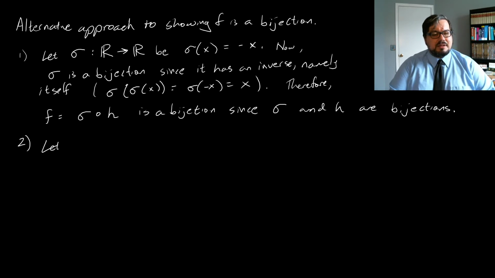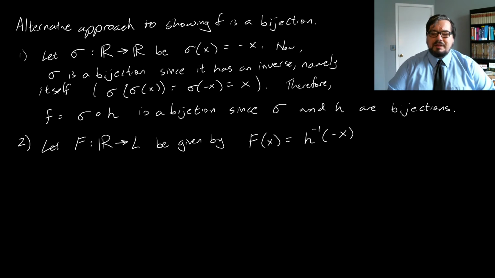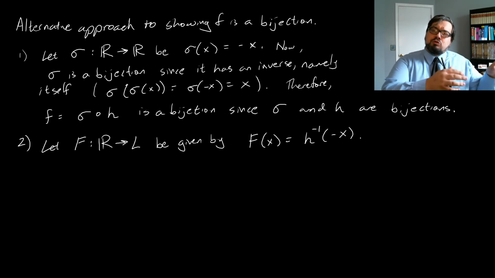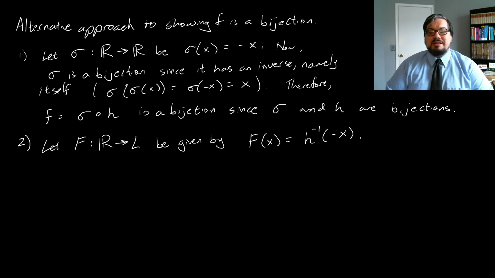So I'll make capital F go from the real numbers to L, be given by capital F of X is equal to H inverse of negative X. Now I know H inverse exists because, again, I know that H is a bijection. That was the hypothesis, or that was proved in a previous part of the theorem, that H is a coordinate system, hence is a bijection.